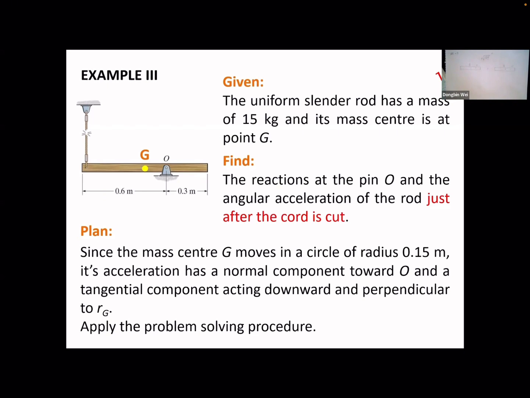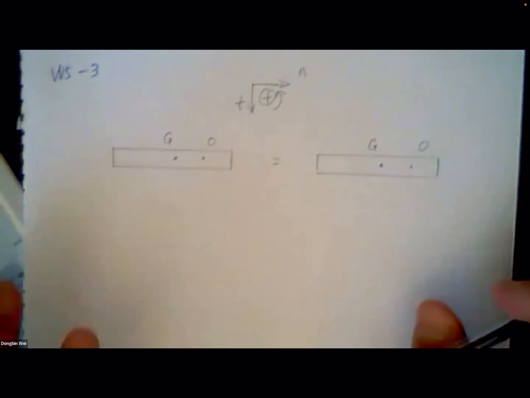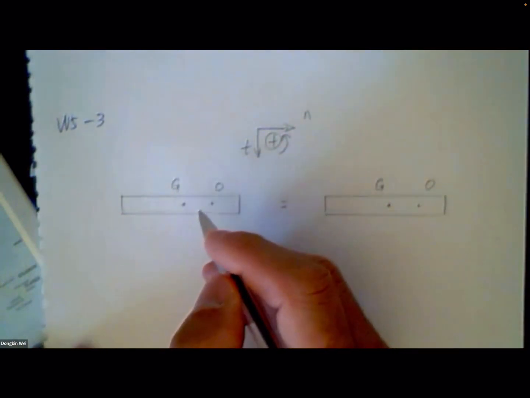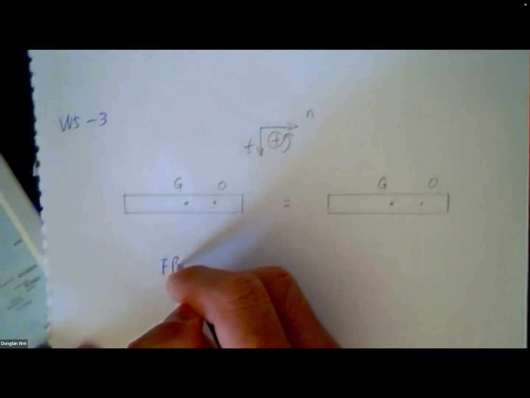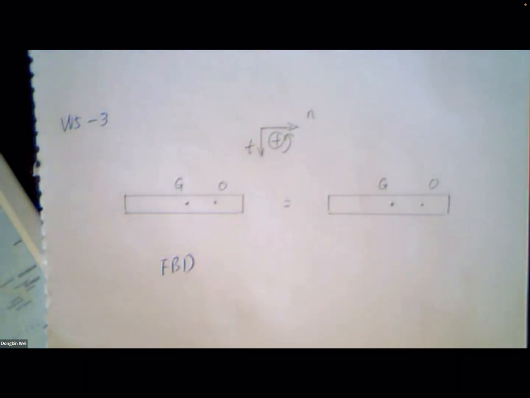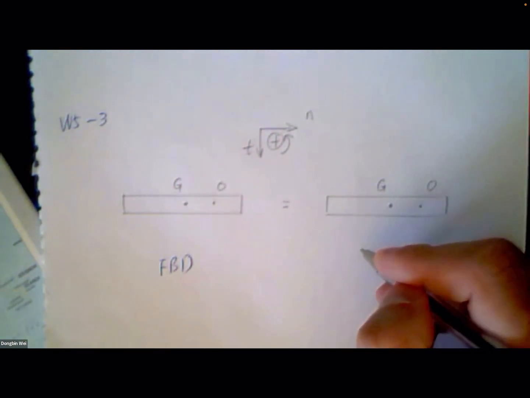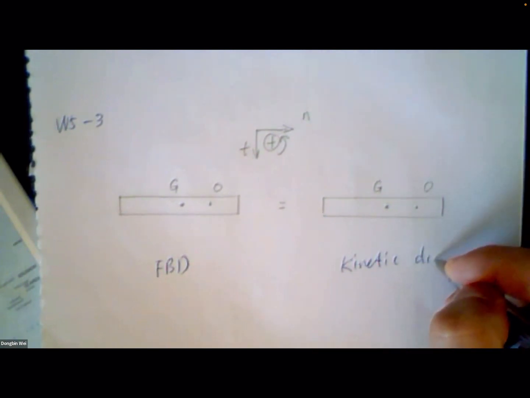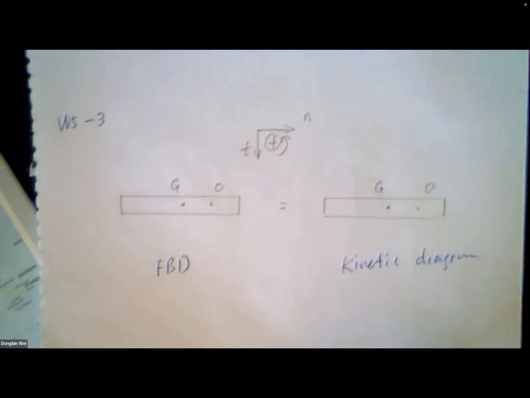Okay, so this is rotation about fixed axis O point. So in this one here, I can draw my free body diagram and kinetic diagram.